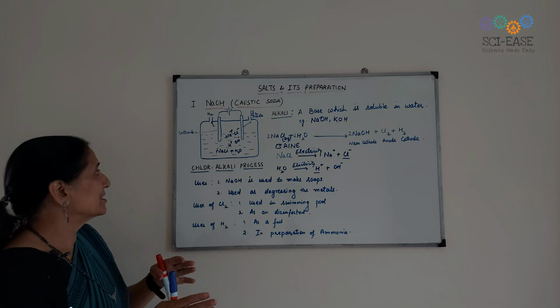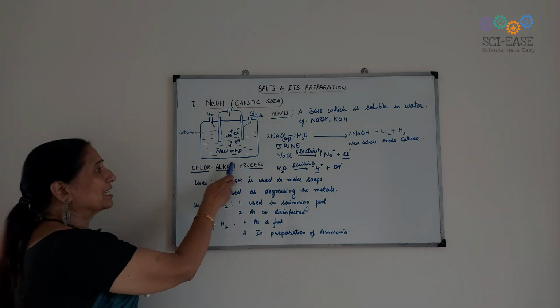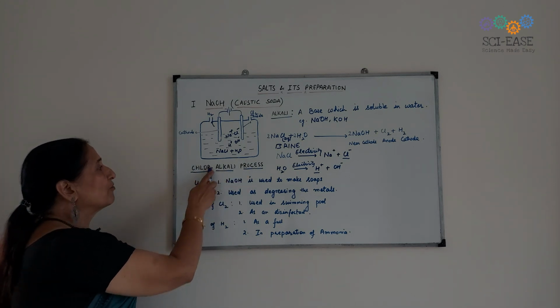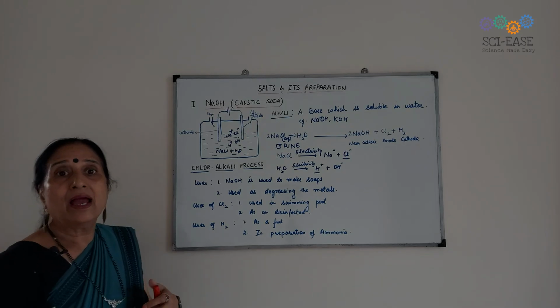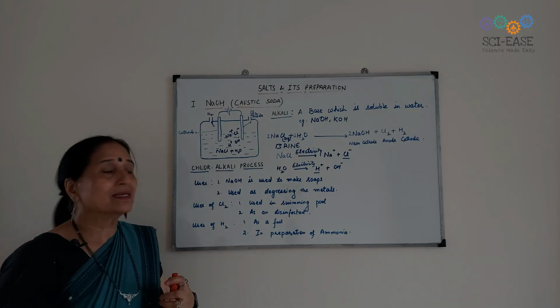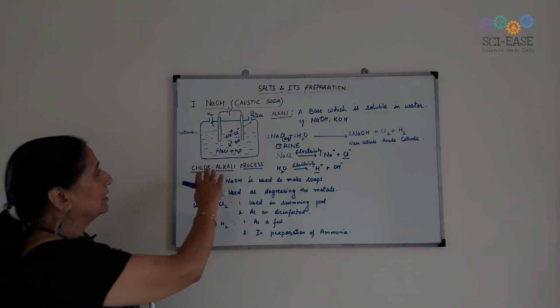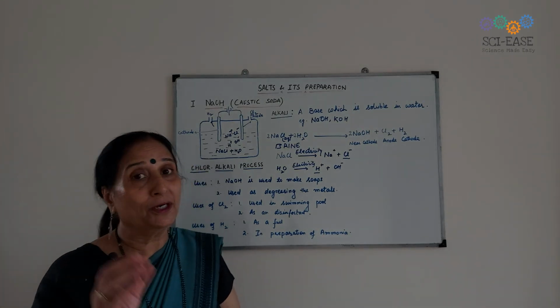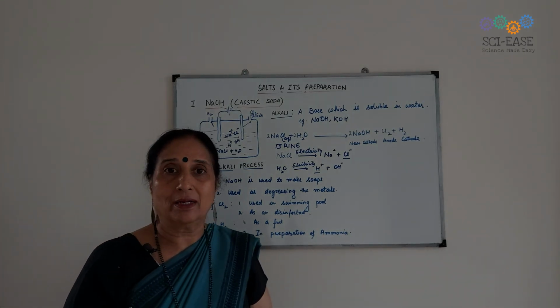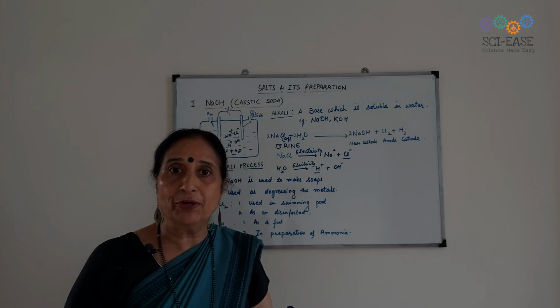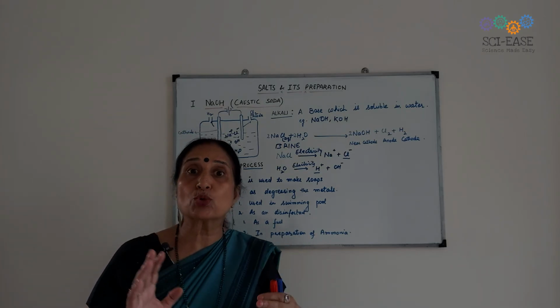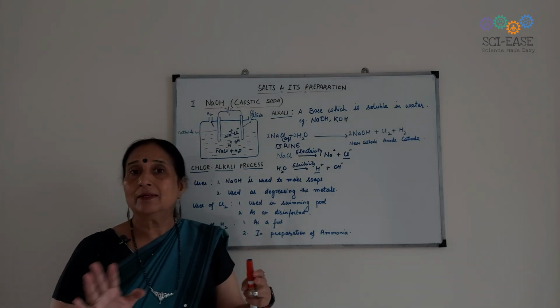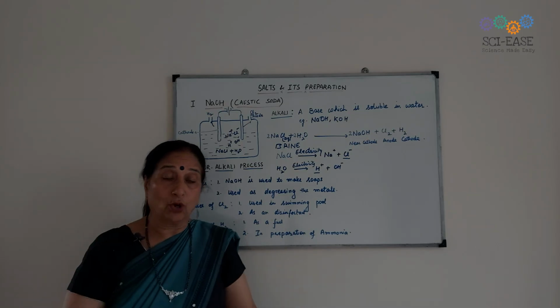This process is known as the chloralkali process, where chlorine and alkali, that is NaOH, are formed. I think the preparation part is clear to all of you, how we can prepare sodium hydroxide.